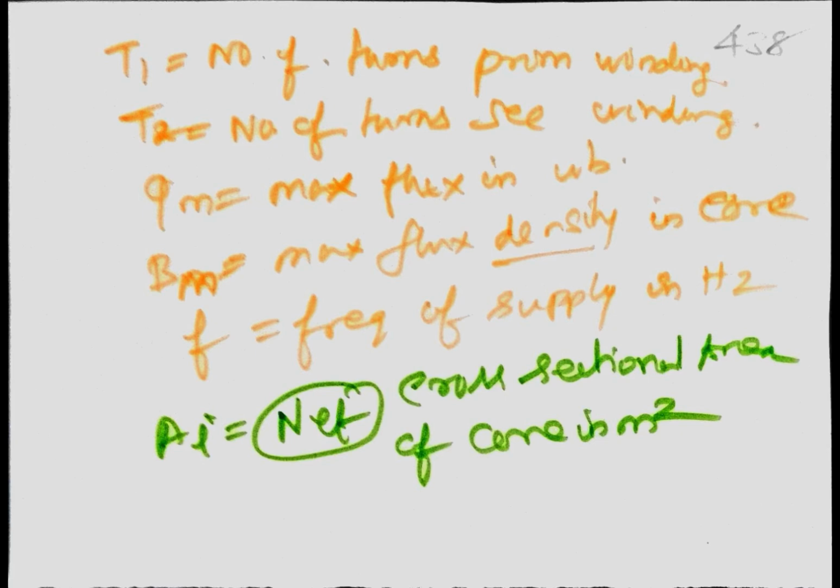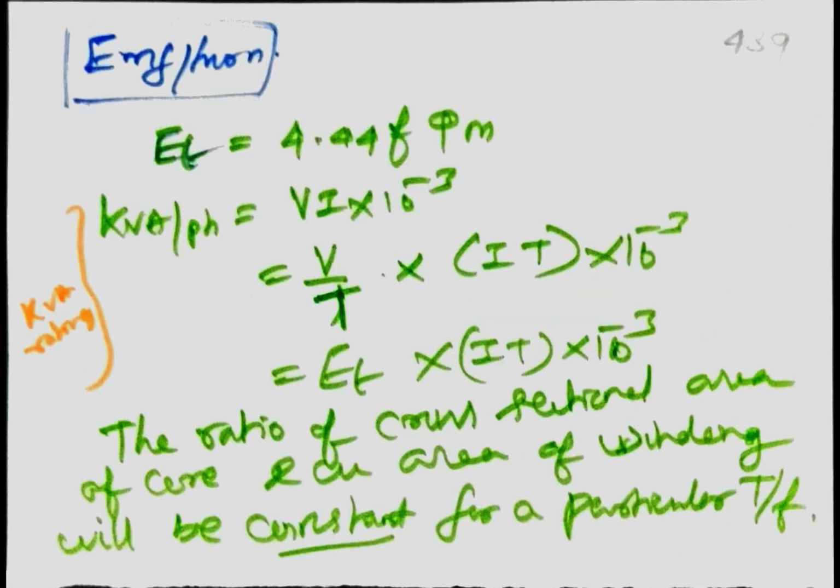T2 is number of turns of secondary winding. φm is maximum flux in Weber. Bm is maximum flux density in core. f is frequency of supply in Hertz. Ai is net cross-sectional area of core in meters square. EMF per turn, Et is 4.44 f φm.